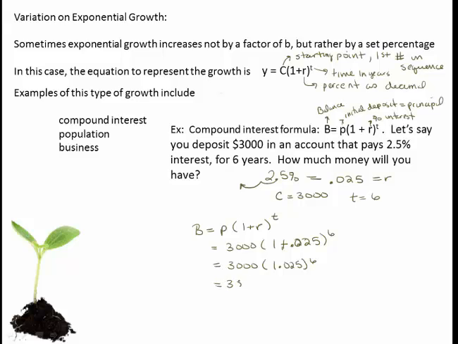That'll give me 3,000 times 1.159693, etc. So I multiply that by 3,000. And my balance will be $3,479.08. So that's how compound interest works, and that is an exponential function.